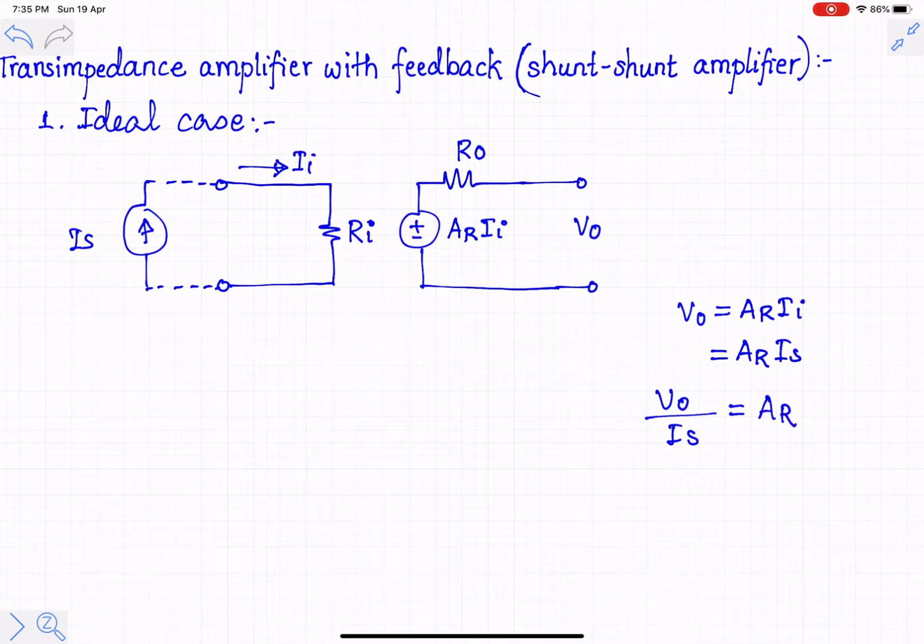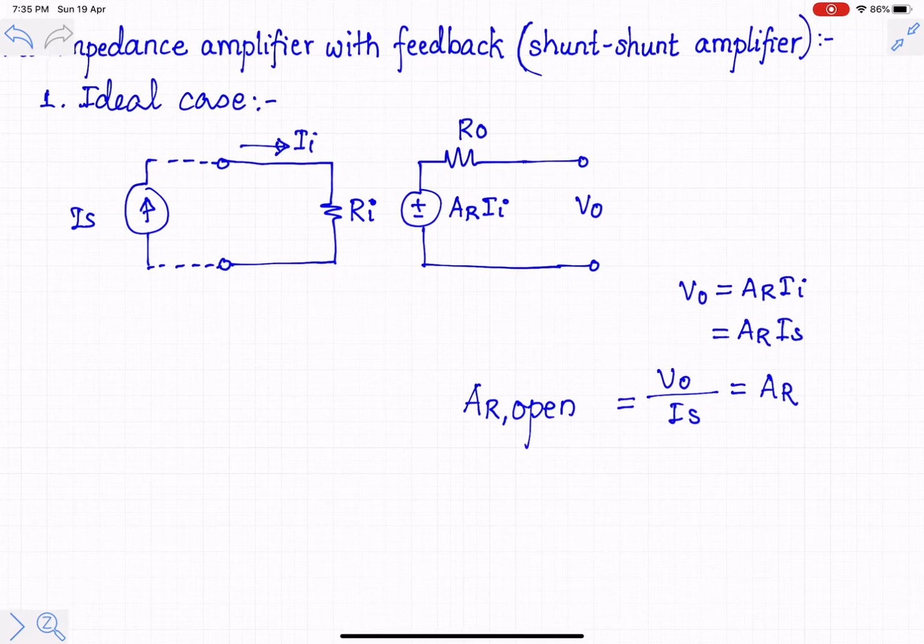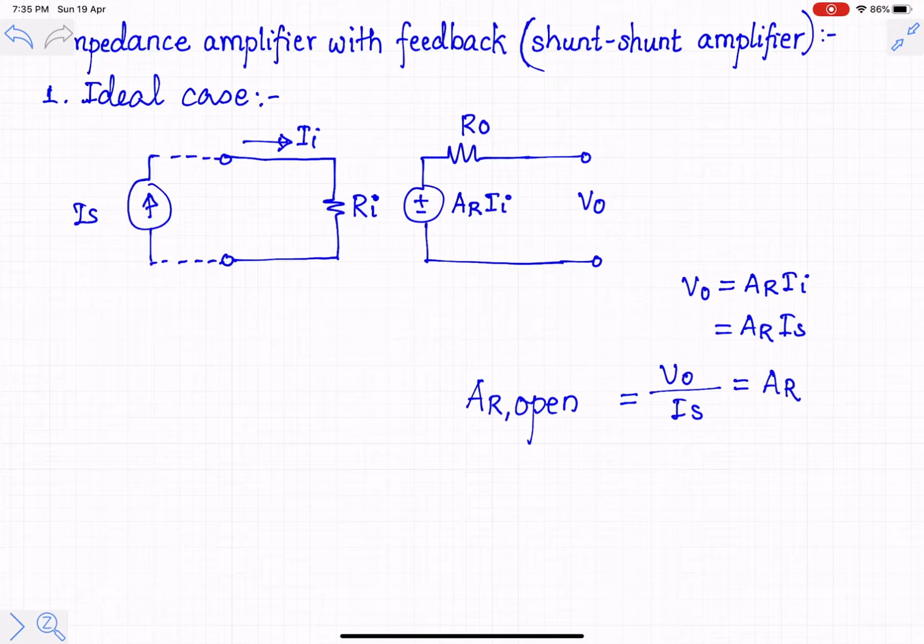This is called as the open loop gain. We show it by AR open. AR open is equal to AR. Unit of the gain for transimpedance amplifier is that of the resistance. So it is either written as voltage per ampere or ohm.